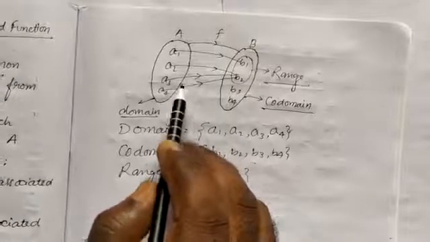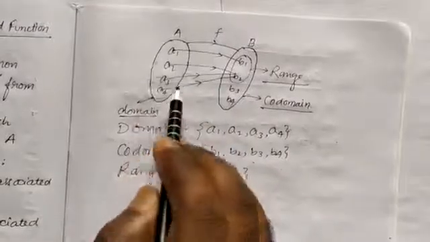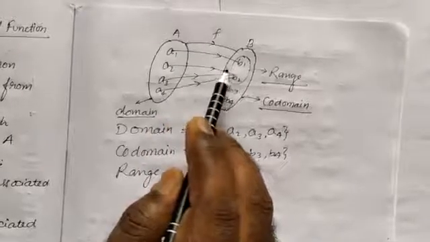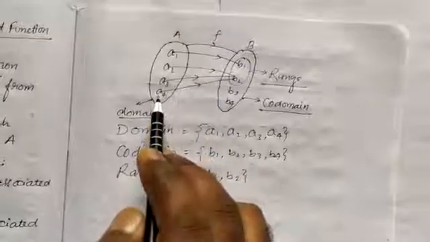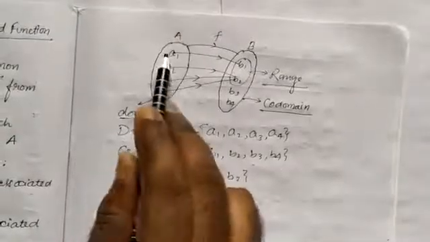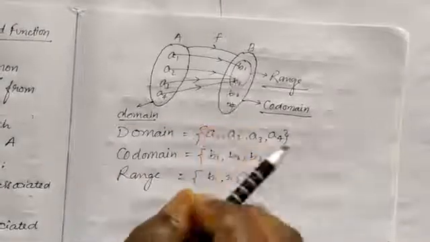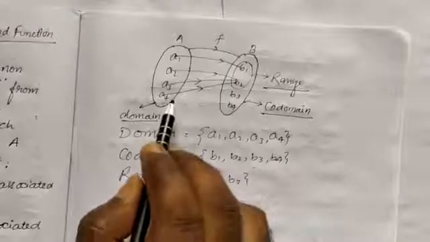First we have to check set A. Is every element of this set A associated with the elements of B? Yes, because a1, a2, a3, a4, all elements are associated with elements of set B. The first rule is verified.